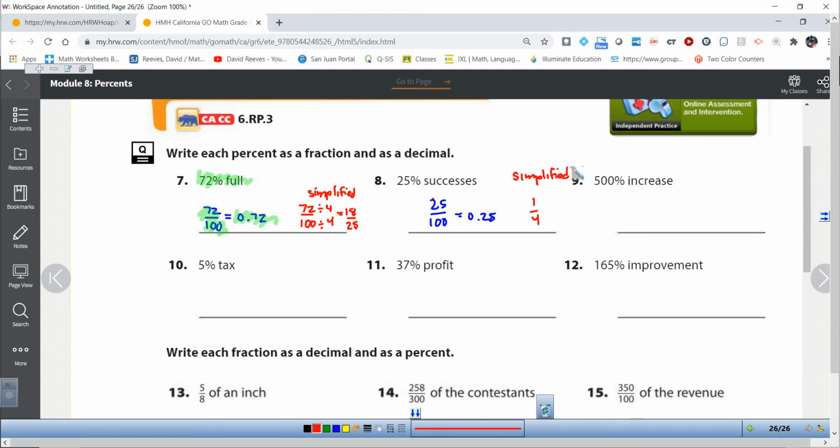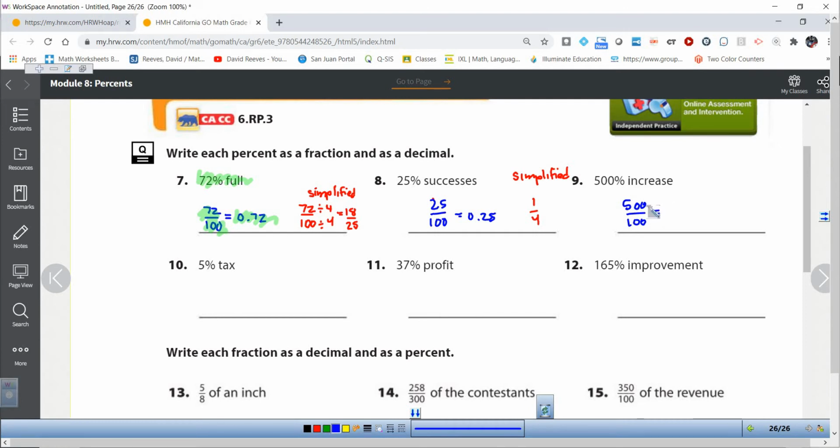Let's do one where we actually have a number that is bigger than 100. 500% would be 500 over 100, right? Now, what would that be as a decimal? Well, that would be 500 over 100.